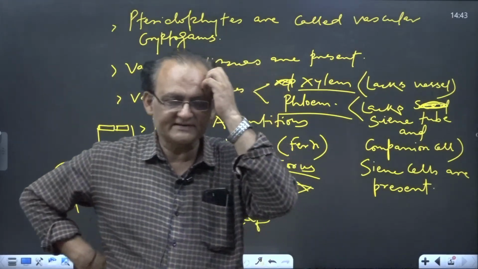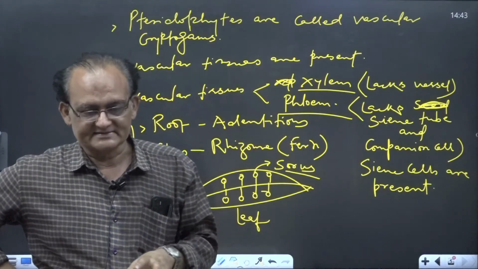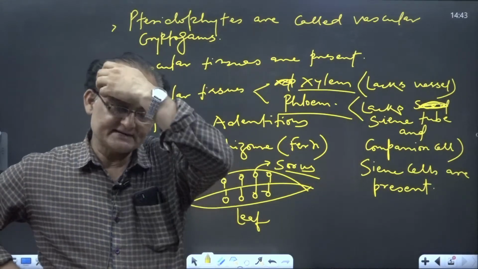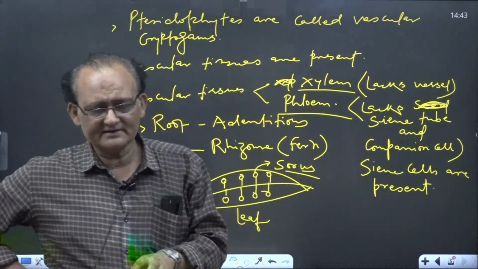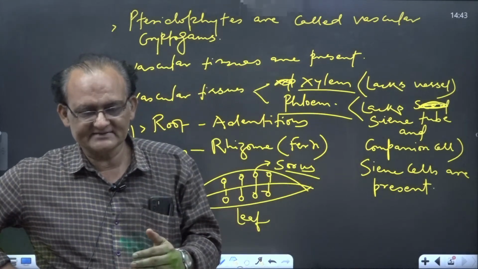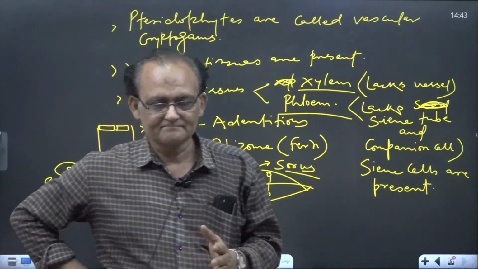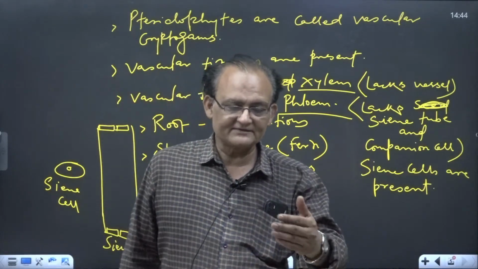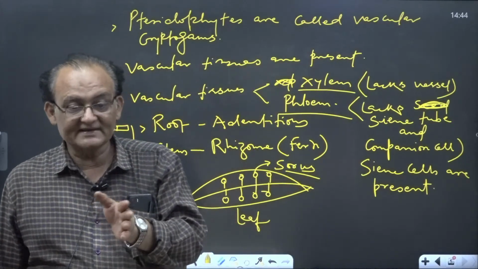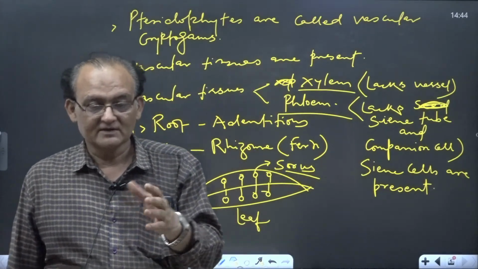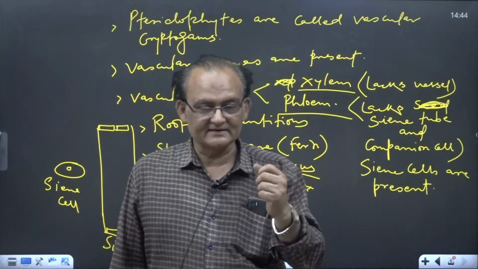Monoecious, and water is required for fertilization. And in case of Selaginella, there is a formation of embryo on the female gametophyte, which is a tendency towards seed habit. Clear, na? Just say if somebody asks you in which plant there is a seed habit observed, answer is Selaginella, right?